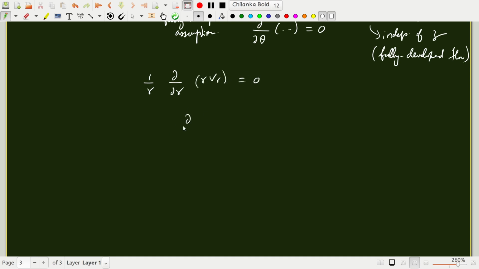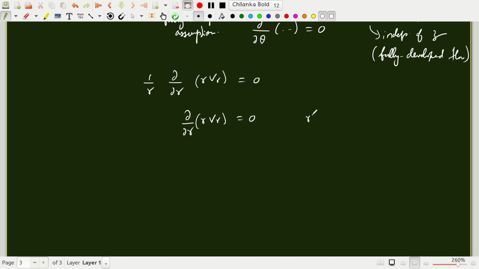Let's just do this a little bit clearly. 1 over r cannot be 0, so that means partial r of r Vr is 0.